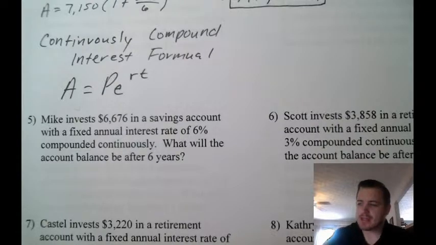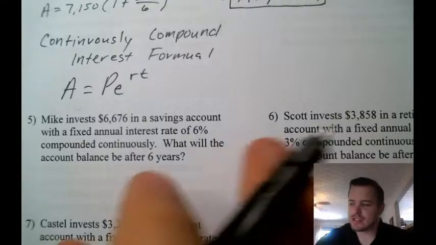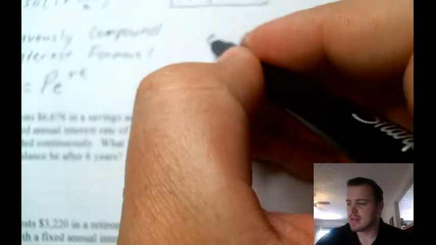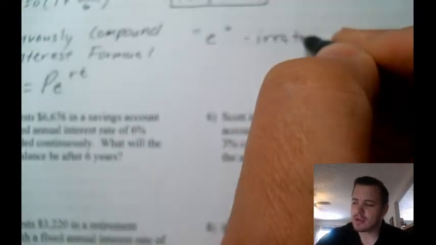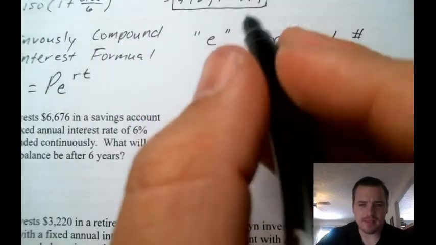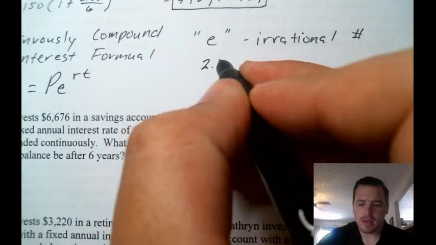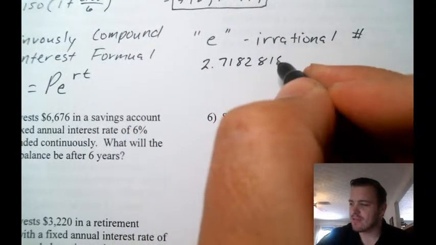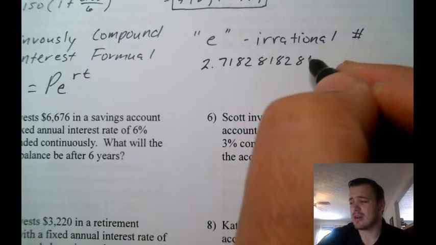And this E here is an irrational number. Very similar to pi. Its value is 2.71828, 1828, 45, 90, 45, and it keeps going from there, guys.